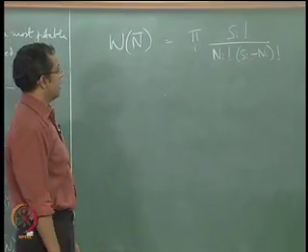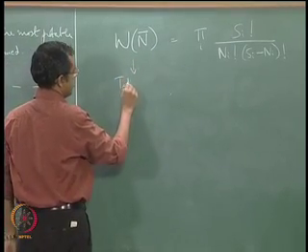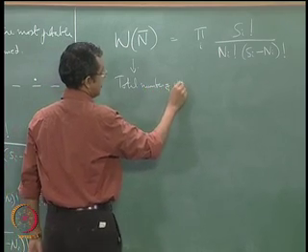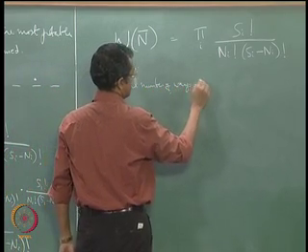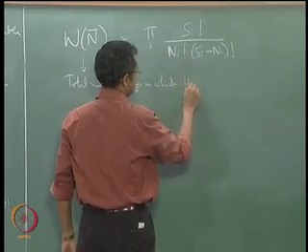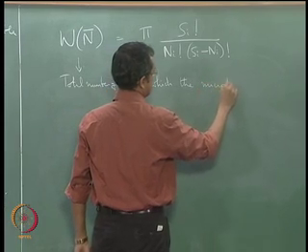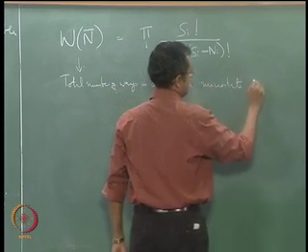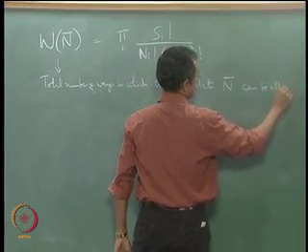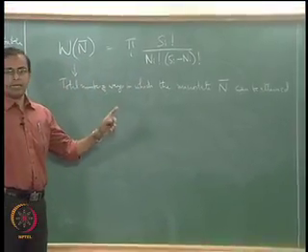So this is the total number of ways in which the microstate n bar can be attained.